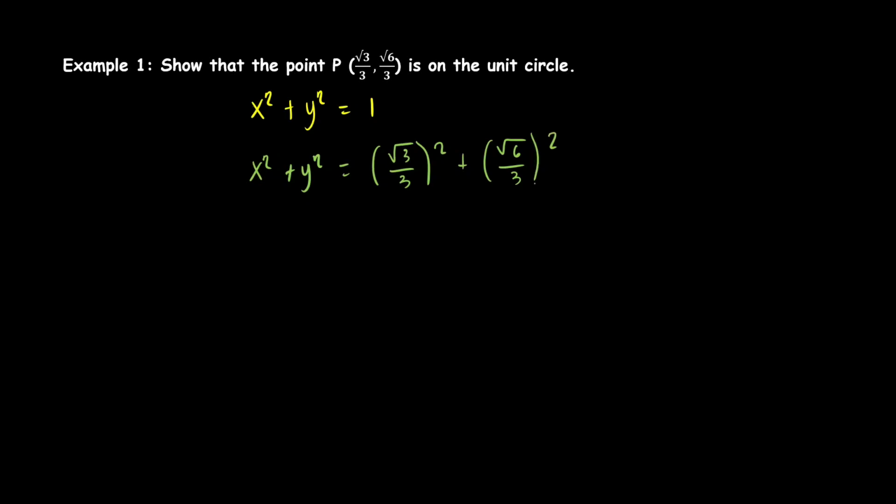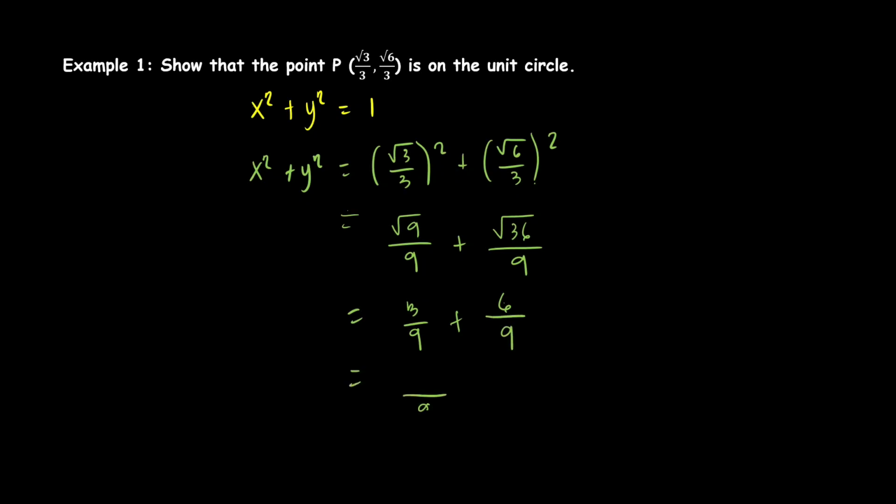Now all you have to do is solve. So square root of 3 squared is 3 over 9, plus square root of 6 squared is 6 over 9.